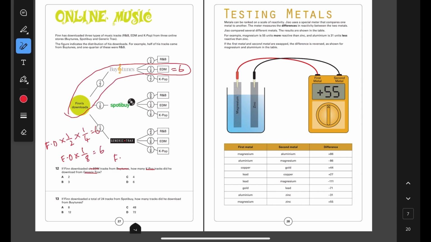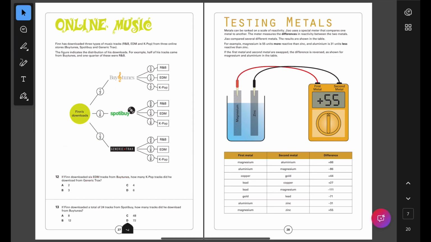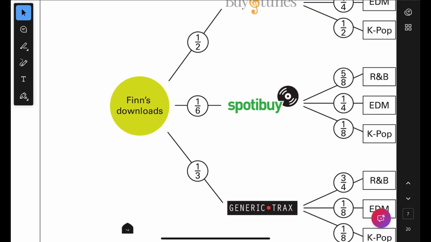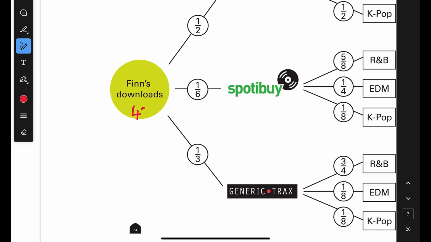So Finn's download equal to, when this division crosses the equals, it becomes multiplication, so 6 times 8 is equal to 48. So Finn's download for this 12th question is 48. I hope you understand till this part.